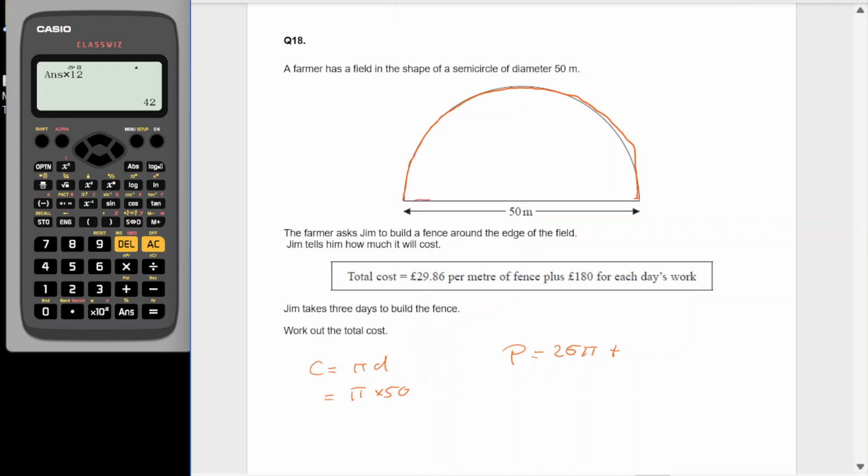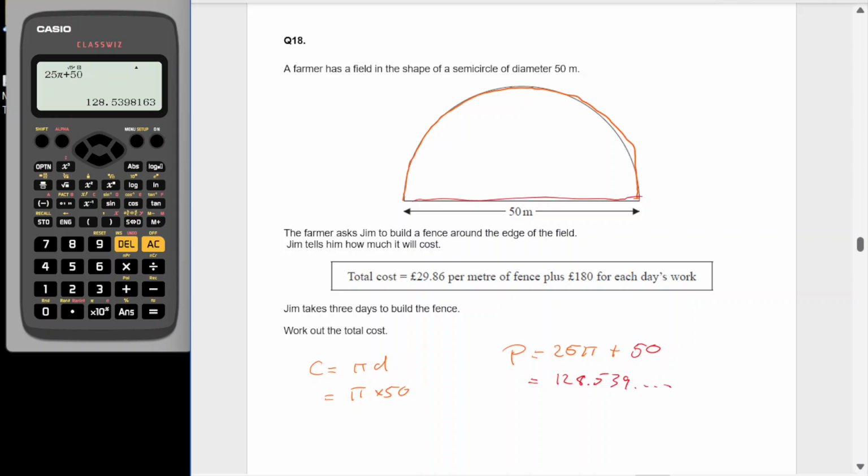So if I could change colour for that, so plus 50, which is that bottom edge. So the total perimeter of that shape would be 25 times by pi, shift pi, plus 50.